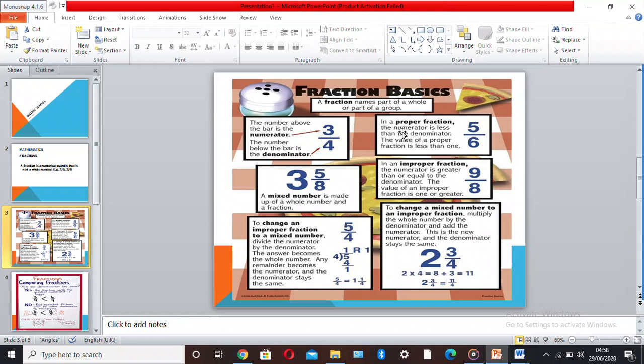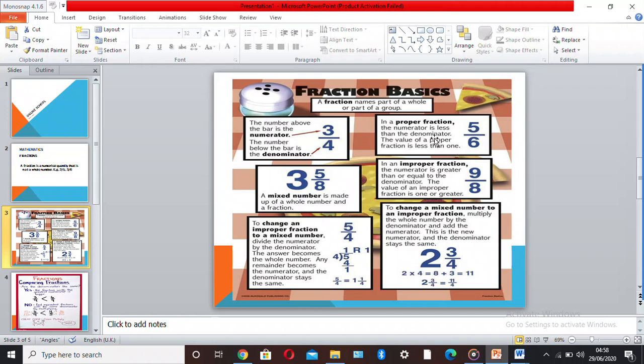If the numerator is less than the denominator, the value of a proper fraction is less than 1. In other words, if the number up is lower than the number down, the value of that fraction is not up to 1.